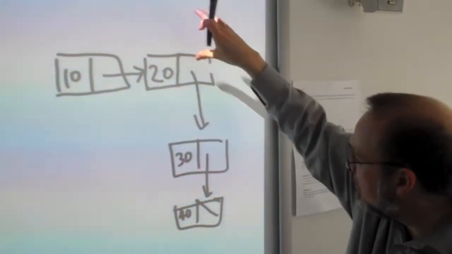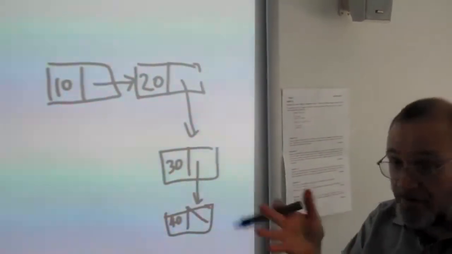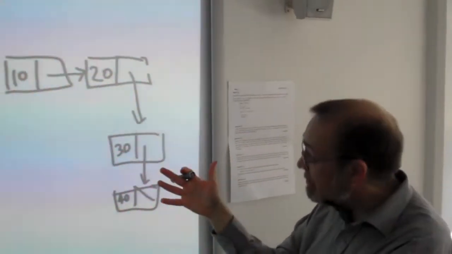Position 0, 1, 2, 3. Remember in Java counting always starts at 0, not at 1.